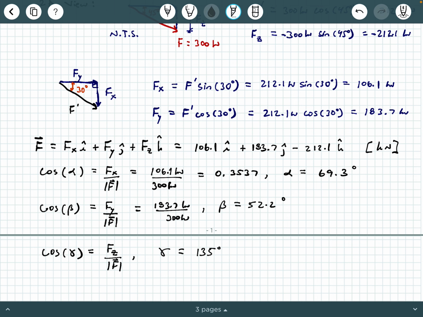And the fact that gamma came out to be greater than 90 degrees, it came out as 135, means that you're sweeping through one octant into another. So it shows that we're going from an octant with the positive z component down into an octant with a negative z component.